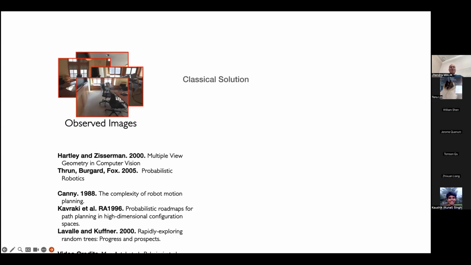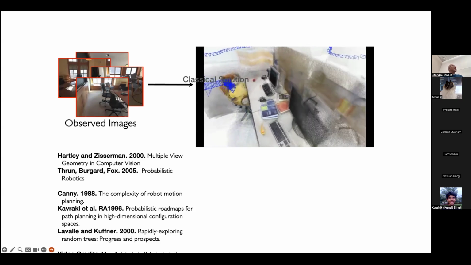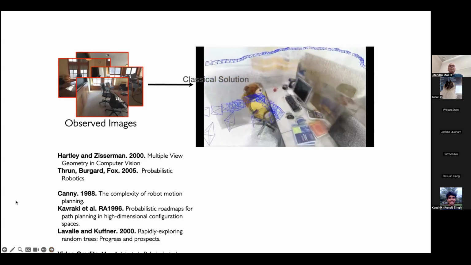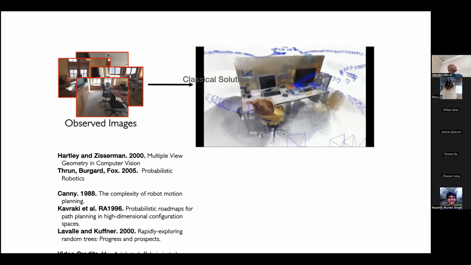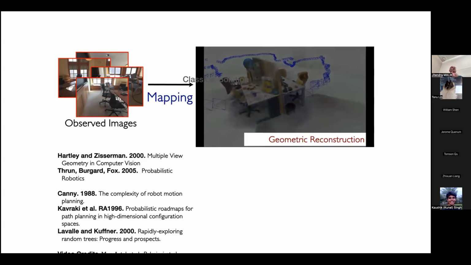The idea is that if you have multiple images, then you reconstruct the 3D environment. A number of papers have been written over the years on how to do this 3D reconstruction, and there are still new papers being written. The old techniques are all based on finding corresponding points and then doing triangulation.